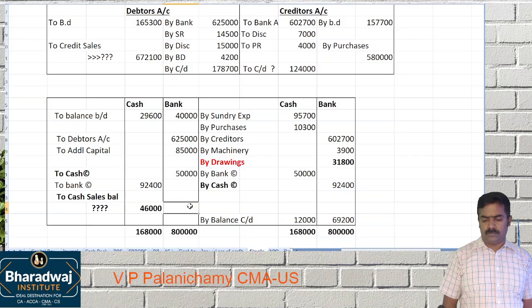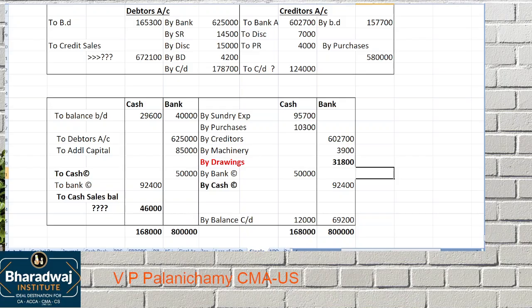Over. Is it over? So this is our main working. Creditors, debtors, we prepare cash and bank column. As a balancing figure we got which sales?